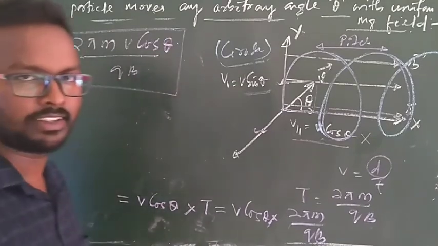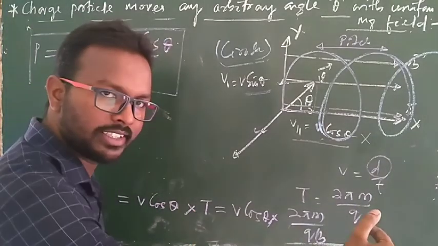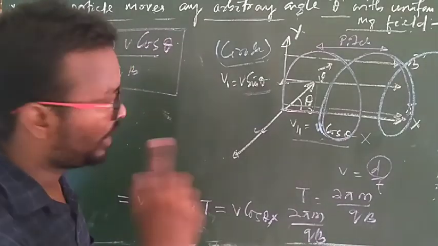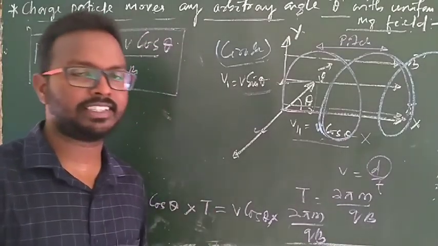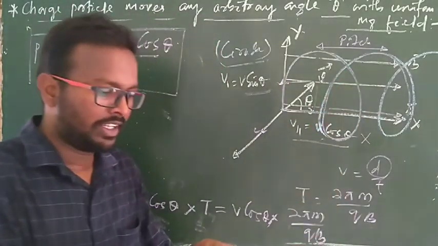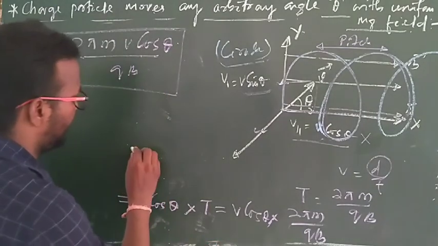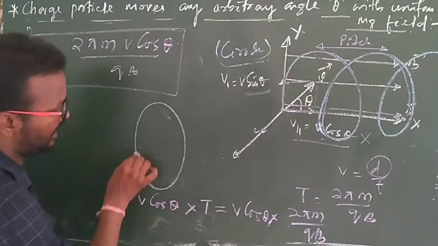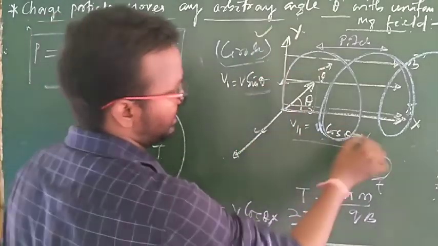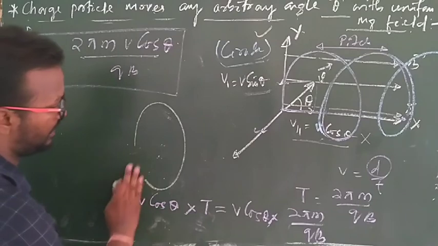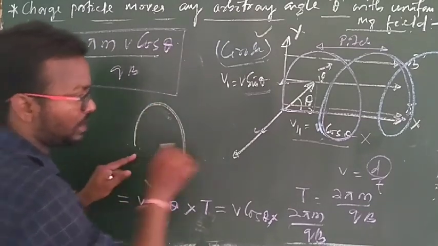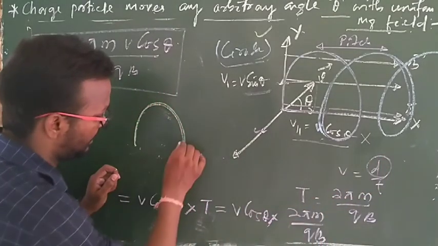So what is pitch? It is the linear distance traveled by the charged particle for one revolution, or to complete one revolution. Suppose this is the circular path, and the time taken is T. But here there are two types of path, circular path and straight line path. The particle tries to complete this circular path, but due to the linear motion, the particle's path changes.